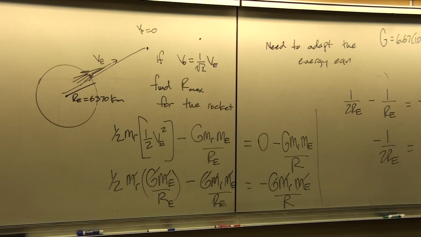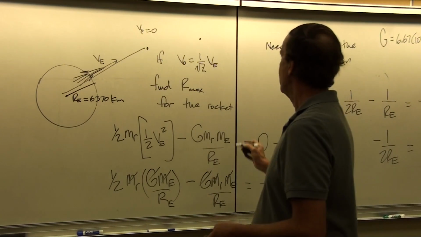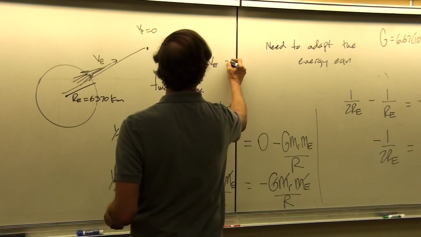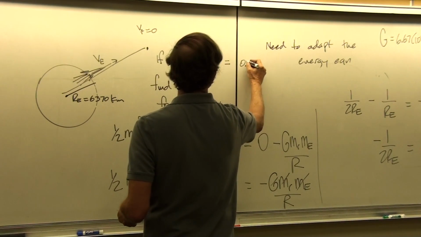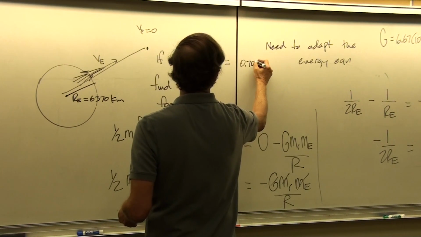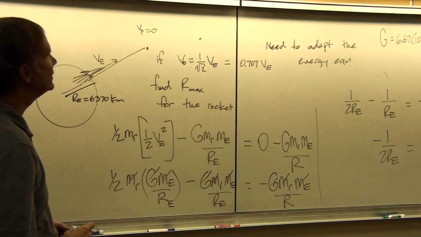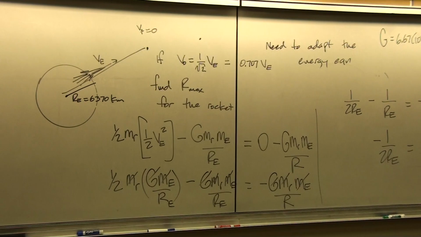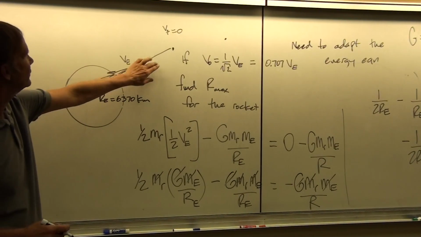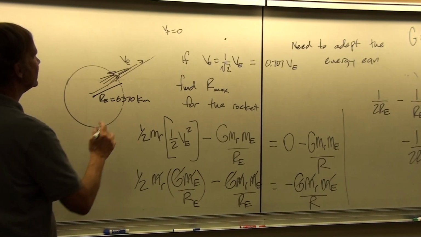So in other words, with 1 over the square root of 2 times the escape velocity, that's 0.707 V escape, or 70% of the escape velocity, we end up only at a distance of 2r away from the center.